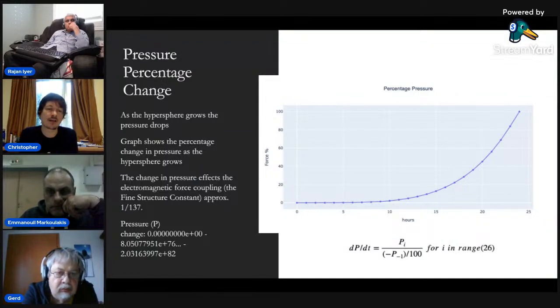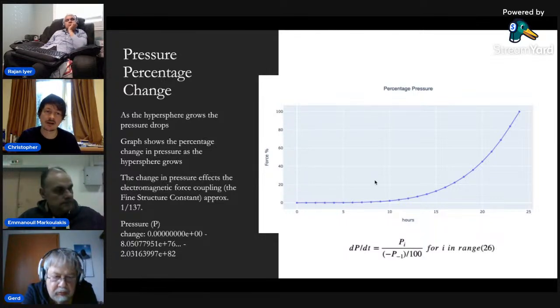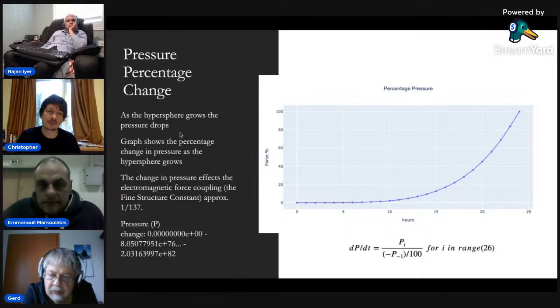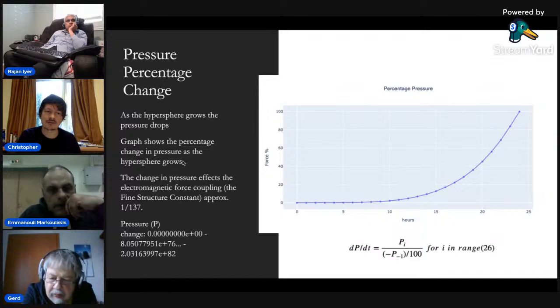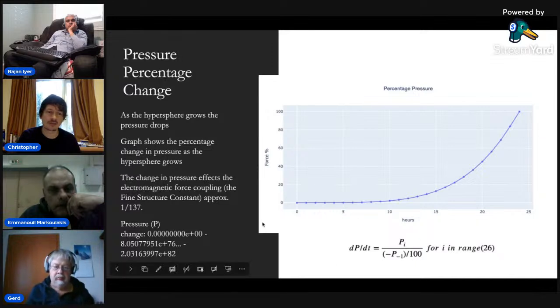So we have the pressure percentage change, depicted in this graph. As the hypersphere grows, obviously the pressure drops. But this graph shows the percentage change in pressure as the hypersphere grows using this equation here.